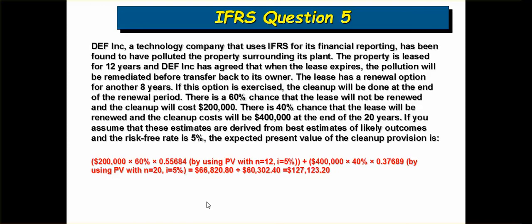All right, in question 5, we have a technology company that's using property. The property is leased for 12 years, but they can lease for 8 more, for a total of 20 years if they want to. So they're going to either lease this property for 12 years or 20 years.